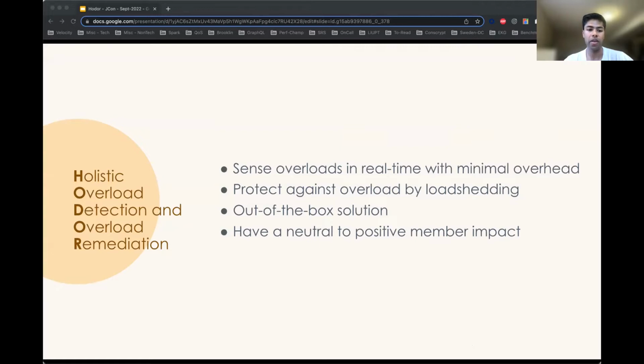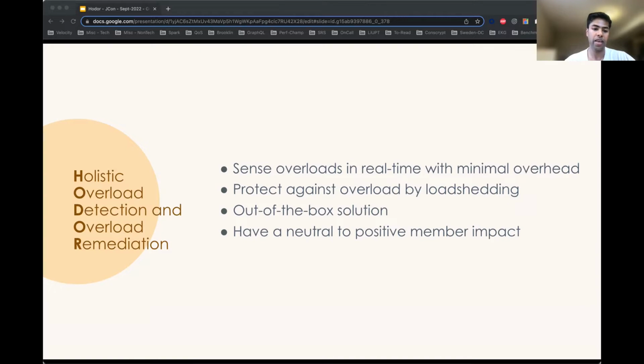This is important because Hodor runs on all services at all times, with the goal of improving performance and availability. So any overhead because of Hodor is highly undesirable, not to mention ironic. The second goal of Hodor is to take evasive action to mitigate these overloads to improve service resilience and availability. Currently, this evasive action includes load shedding.